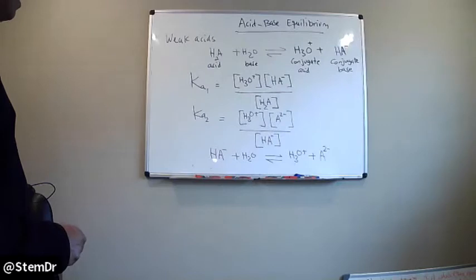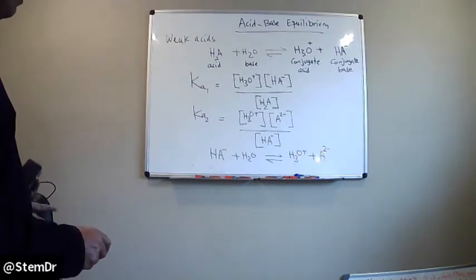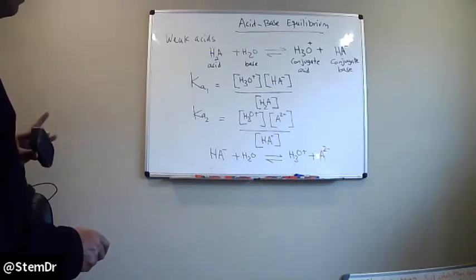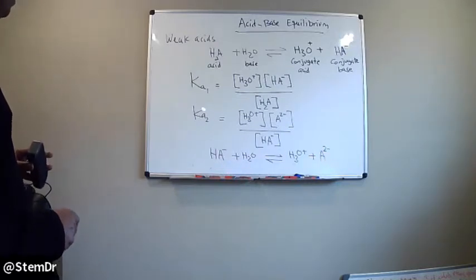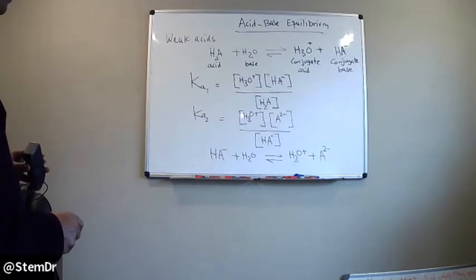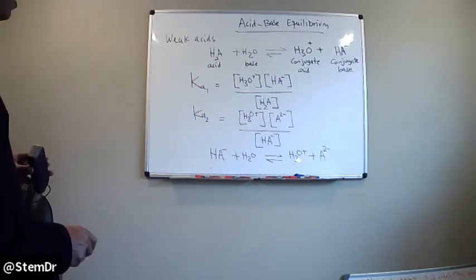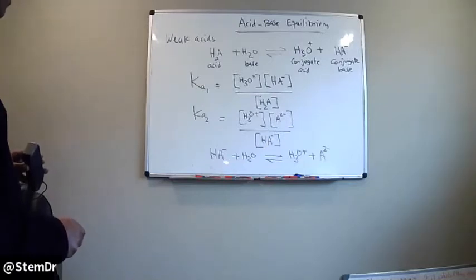The conjugate acid donates one of its protons and forms the conjugate base, completely deprotonated or completely free of a proton. So relevant to this is the dissociation constant Ka2, which equals the hydronium ion concentration times its conjugate base over the acid.